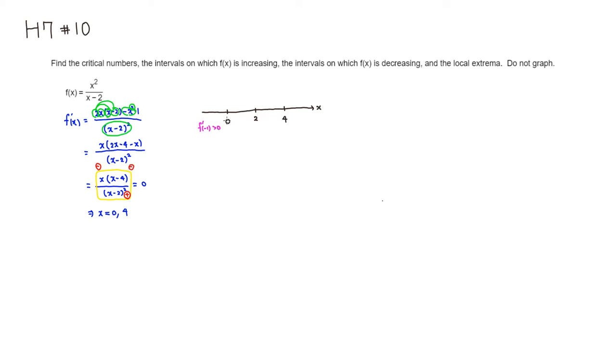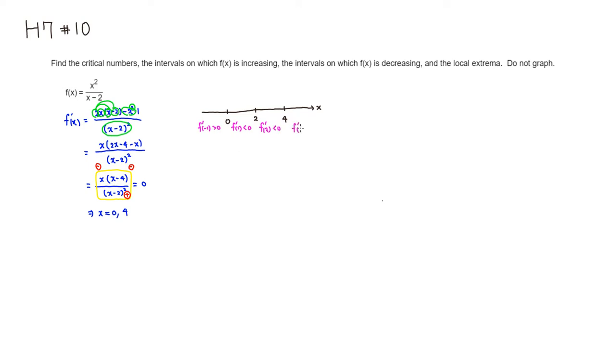Between 0 and 2, we try 1. 1 is positive, 1 minus 4 is negative, so this is negative. Between 2 and 4, we can try 3. 3 is positive, but 3 minus 4 is negative, so it's still negative.